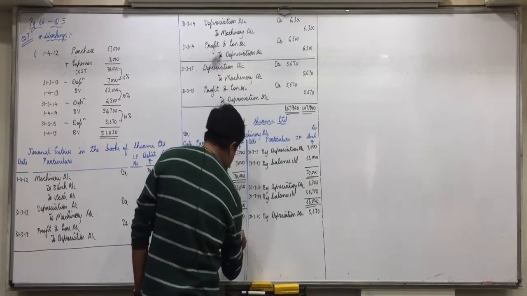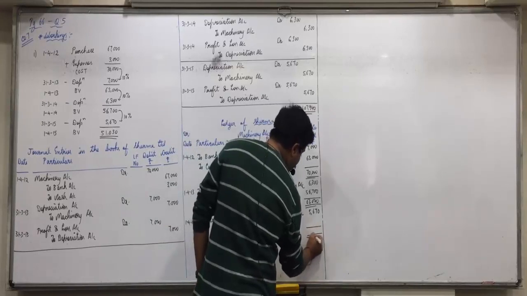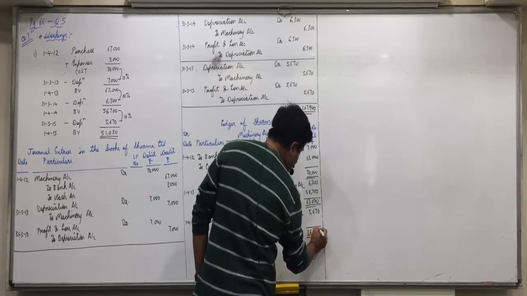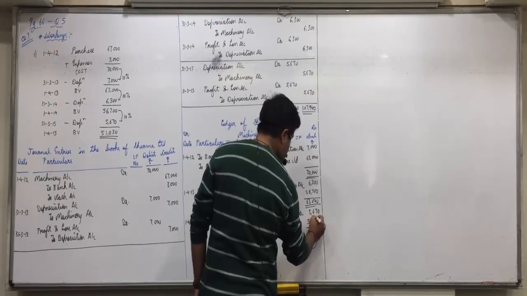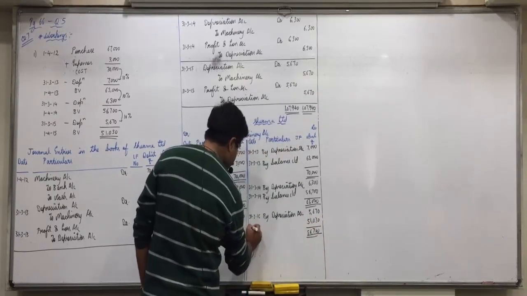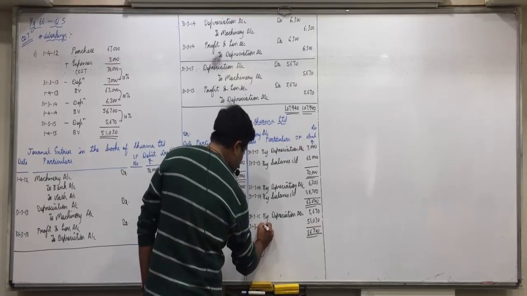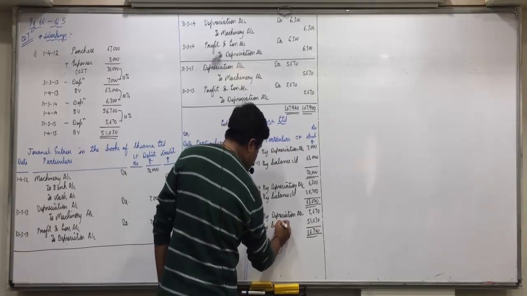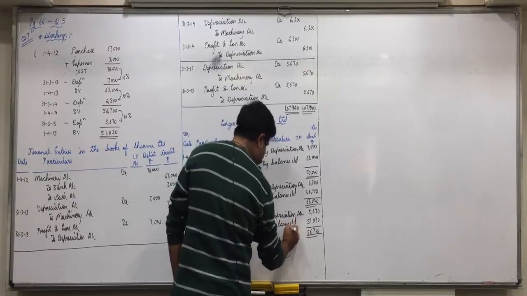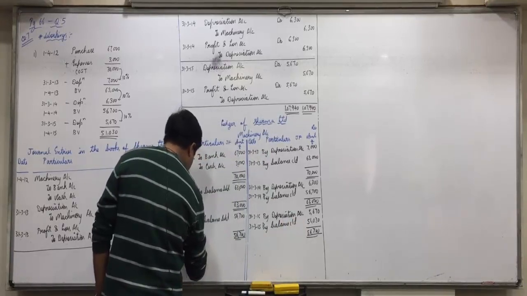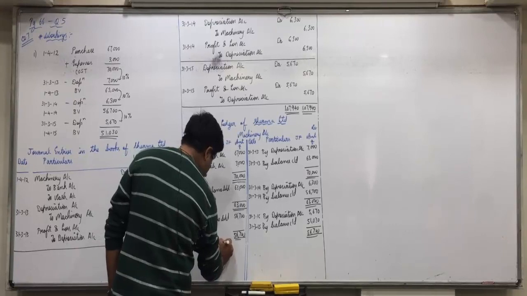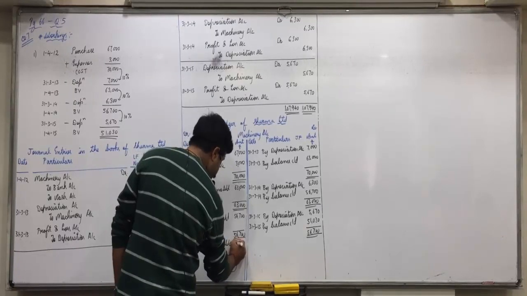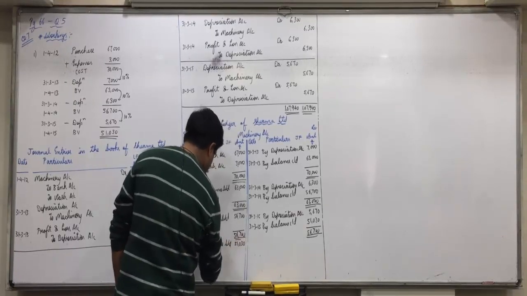Last entry P&L to depreciation will have no effect. 56,700 minus 5670, 51030. 31,315 by balance carried down. 1,415 to balance brought down. 51030.